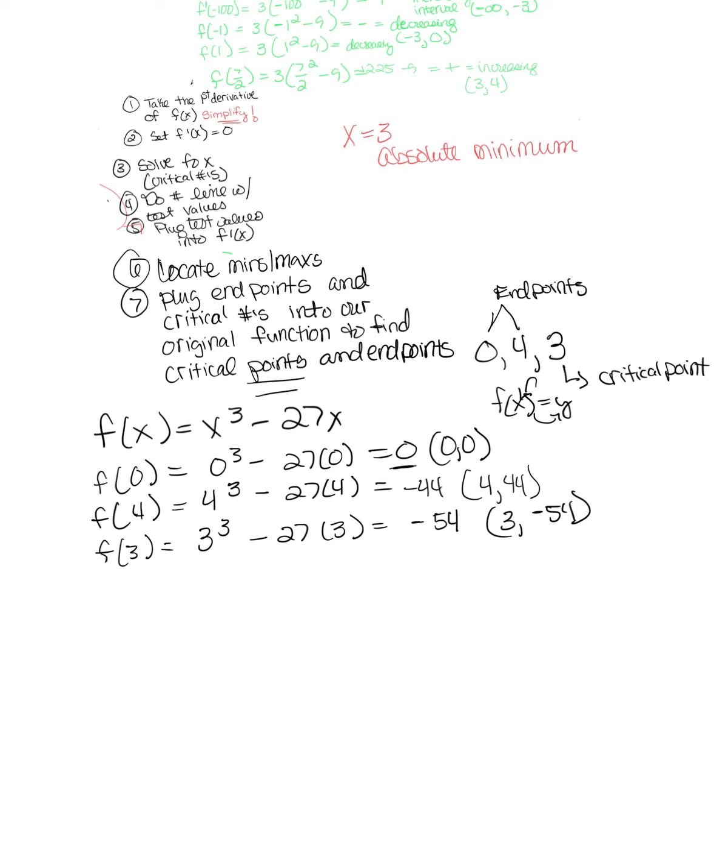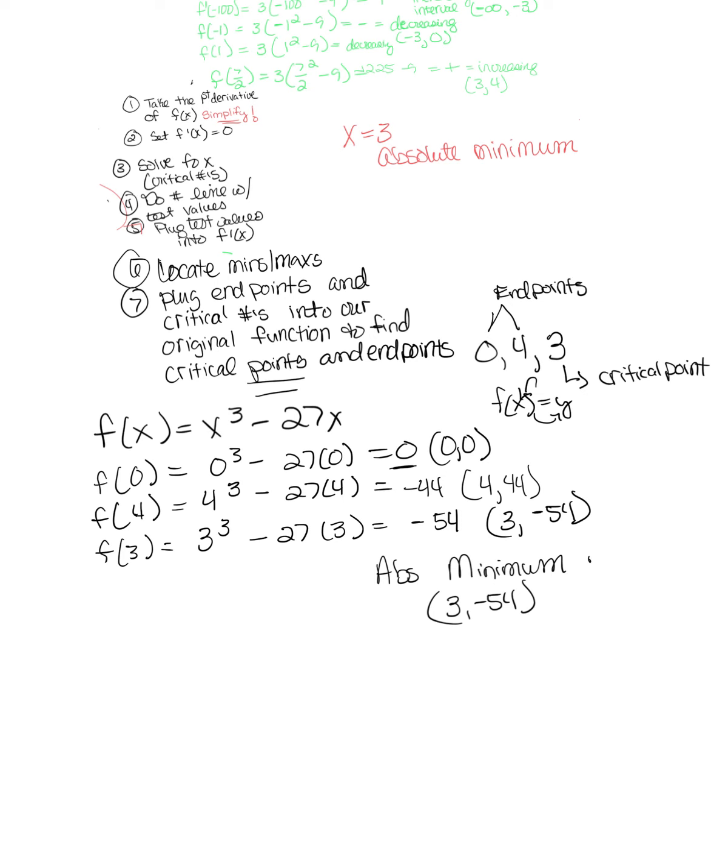It just affects our coordinate system of the y. And so you'll see here that when we plug 3 in as an x, we're going to get a really low place, which is what we saw, that it was going to be a minimum. So we have an absolute minimum, not just at x equals 3, but we have a point at 3, negative 54.